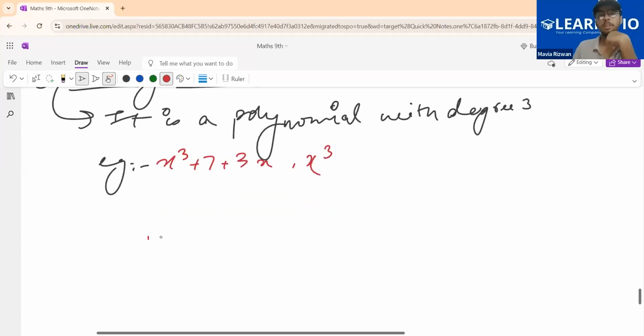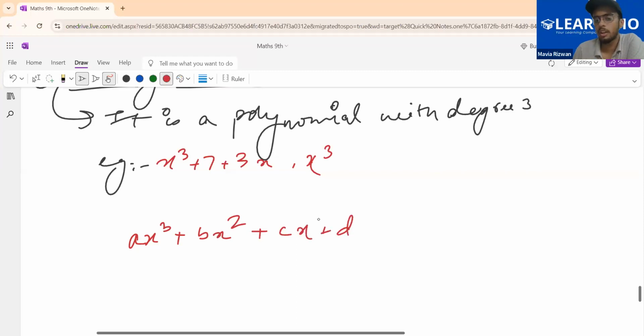So the general form is... Can you get the general form, Safia? A x squared plus bx plus c. No, that was for quadratic. Now we are talking about cubic. See, the general form is ax cube plus bx square plus cx plus d.